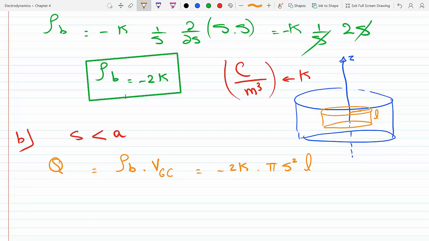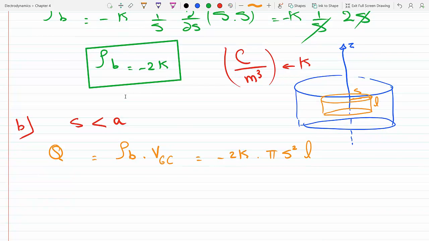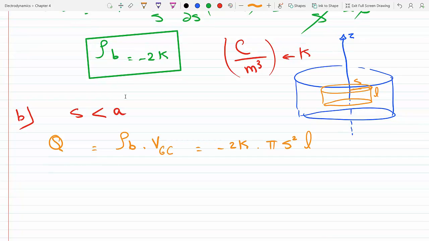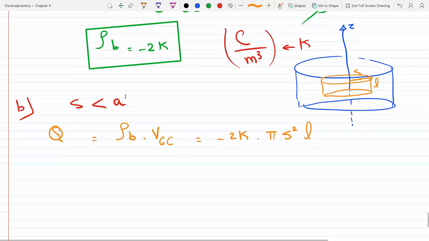So this would be just that, minus 2k pi s squared L. Okay, now for the surface, so this is inside.